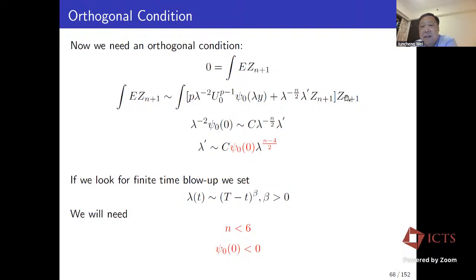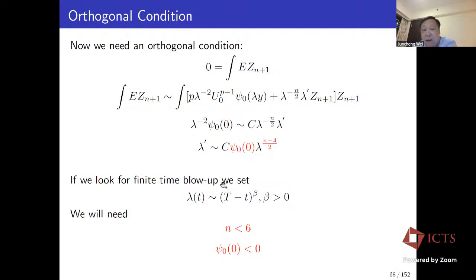This is z to the m plus 1. So this one gives you lambda to minus 2. And this term gives you lambda to minus n over 2 lambda prime, if Zn plus 1 is L2, integrable. And then you get formally lambda prime is C times plus 0 and lambda to n minus 4 over 2.